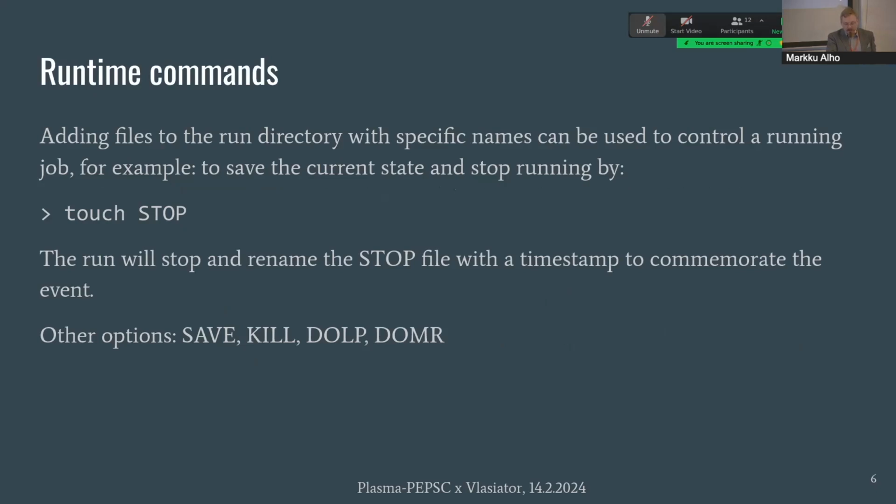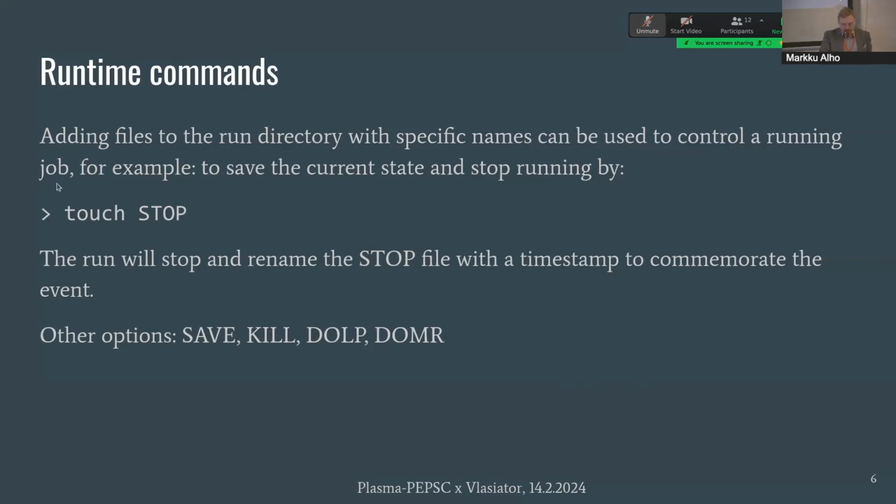Then we can just create a file in the run directory, a stop file, and the file name will tell the command what Vlasiator is looking for. If you do this touch command, which creates the file with the file name stop, then this will tell the run to stop, saving a restart file and then gracefully exiting.